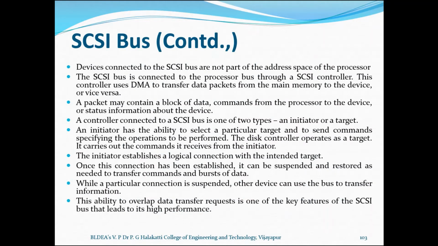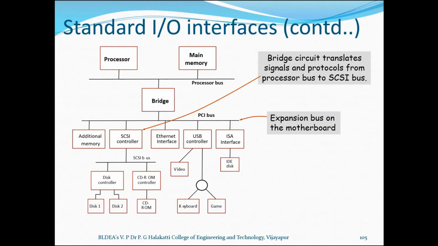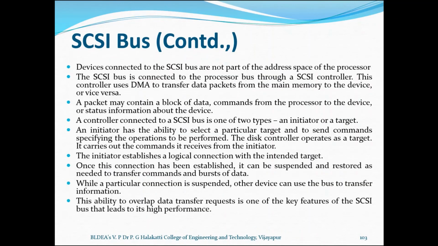Now the SCSI bus is connected to the processor bus through a SCSI controller, which I think we had seen previously. You can see here it is a controller. This is the SCSI bus. It is connected through the controller. Now this controller uses a DMA scheme to transfer data packets from main memory to the device and vice versa.